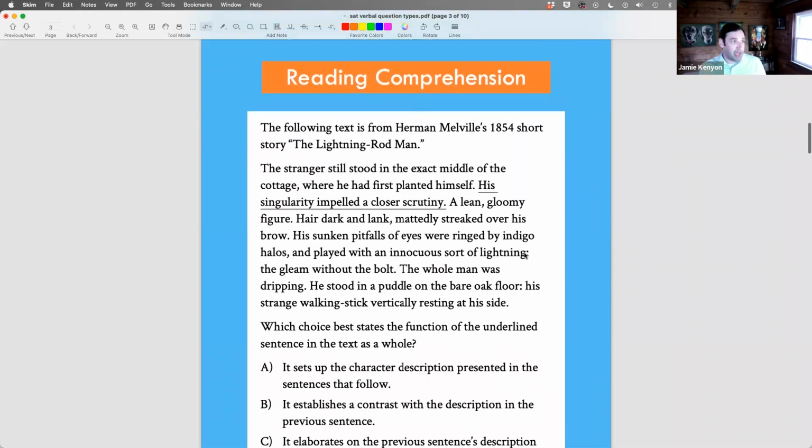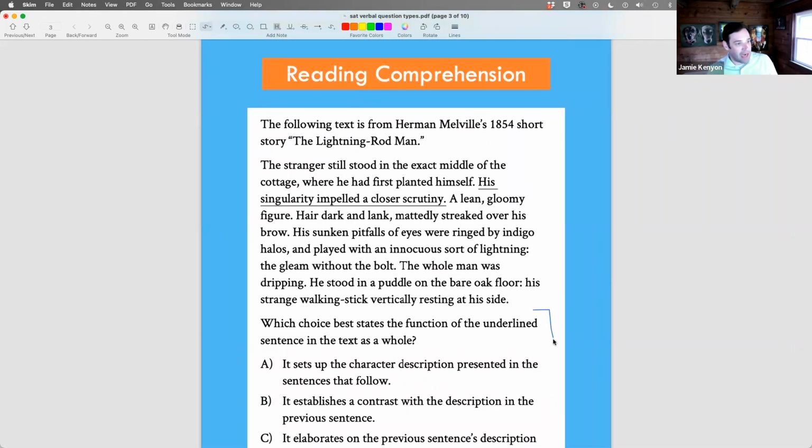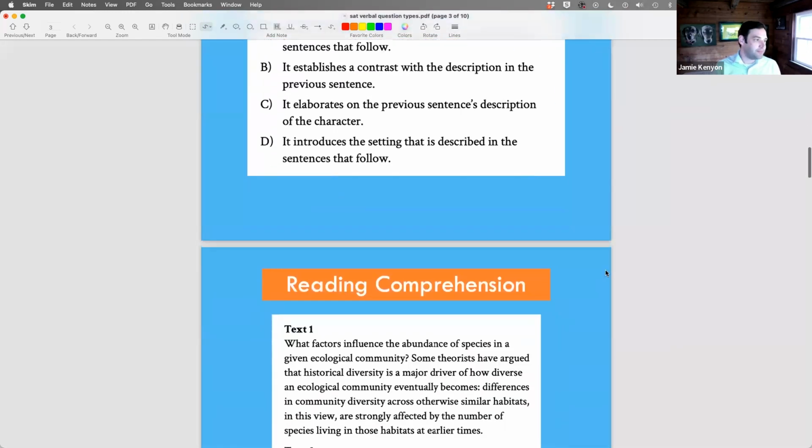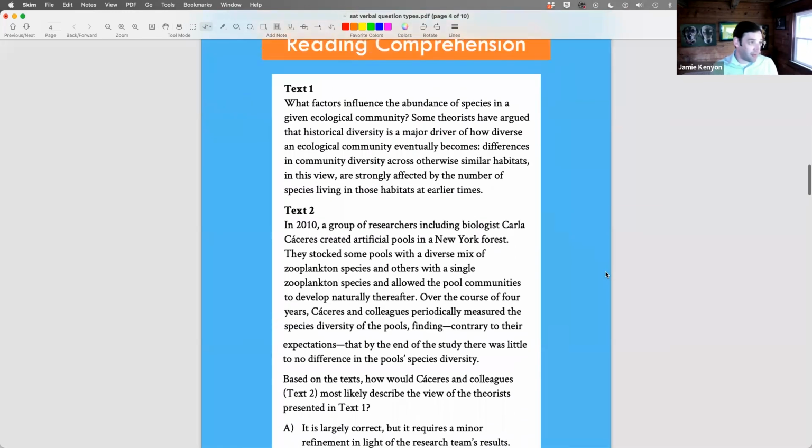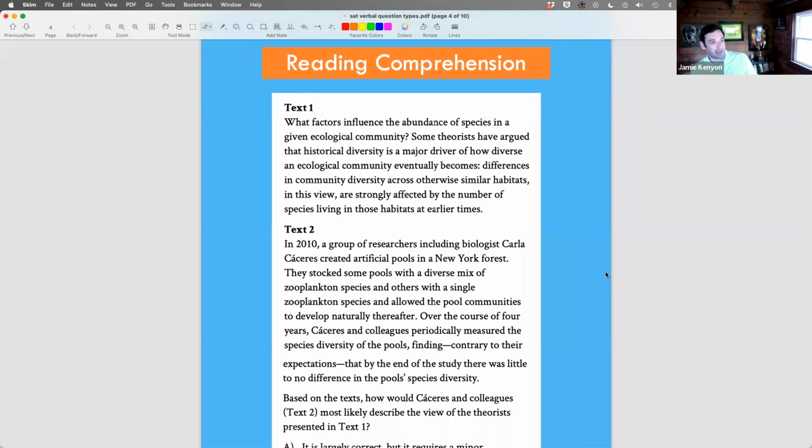Another reading comprehension question stem, identifying the function of an underlined sentence. So they'll ask you how that relates to the rest of the passage. Another fun reading comprehension task. They give you two short passages and ask how one of those passages would respond to the other.